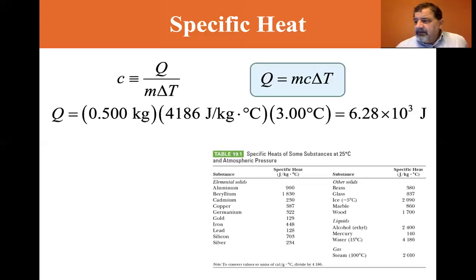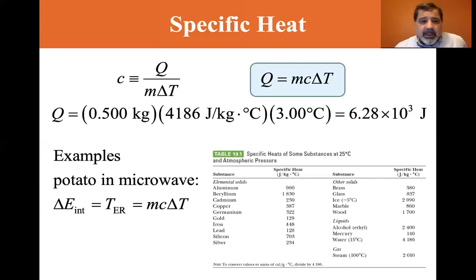Okay, when the temperature increases, Q and delta T are positive. Energy is transferred into the system. When the temperature decreases, the Q and delta T are negative, and the energy transfers out of the system.